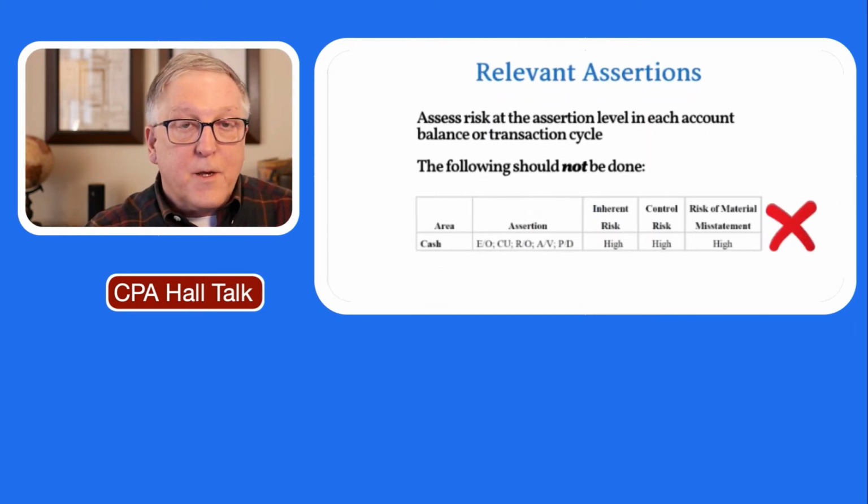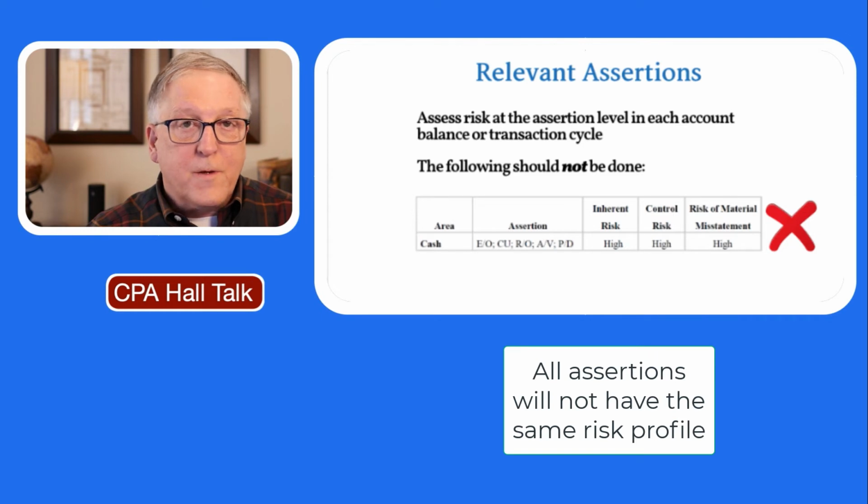Recently, the AICPA has found that auditors quite often assess risk for several assertions at the account balance level, and we shouldn't do that. So in this example, you see cash and then you see several assertions, and then the auditor is assessing inherent risk and control risk and the risk of material misstatement for all of those assertions.